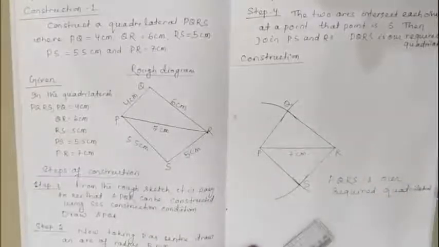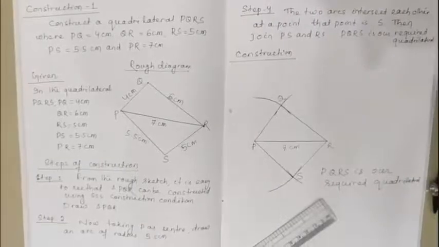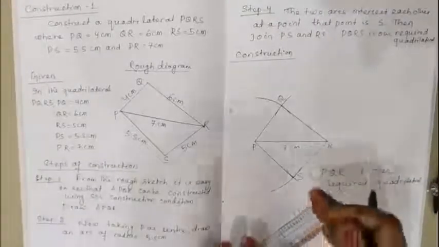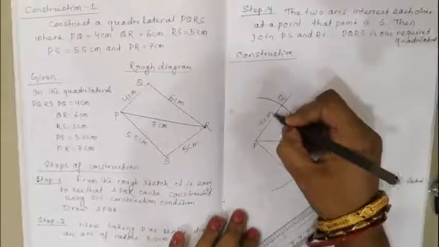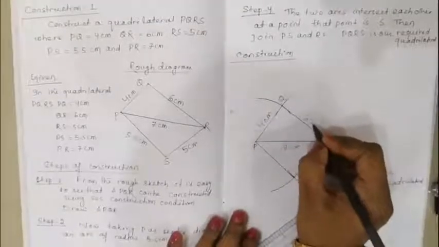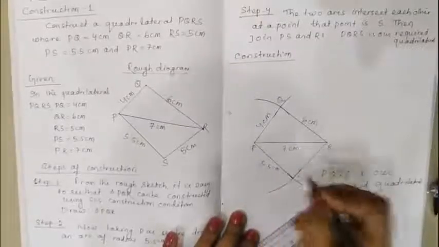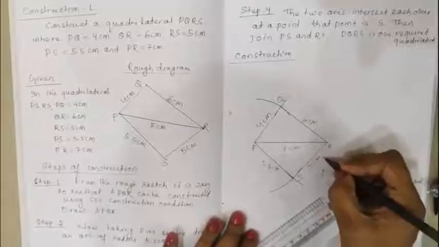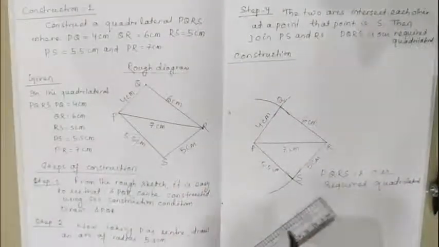So in this way you can construct the quadrilateral if the 4 sides and 1 diagonal are given. So here you can write the measurements. This is 4 centimeter, this is 6 centimeter, this is 5.5 centimeter, and this is 5 centimeter. So here is our first construction, if 4 sides and 1 diagonal are given.